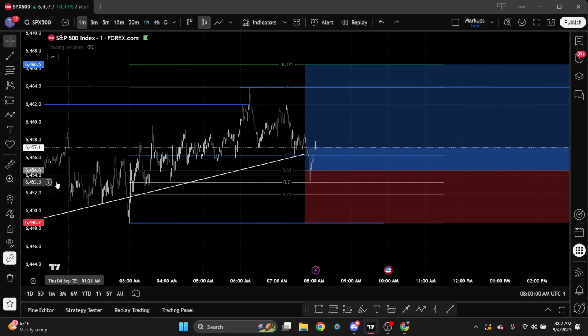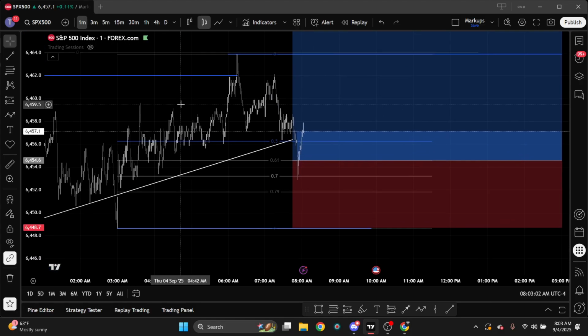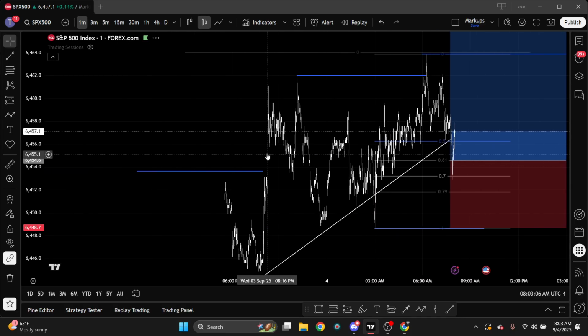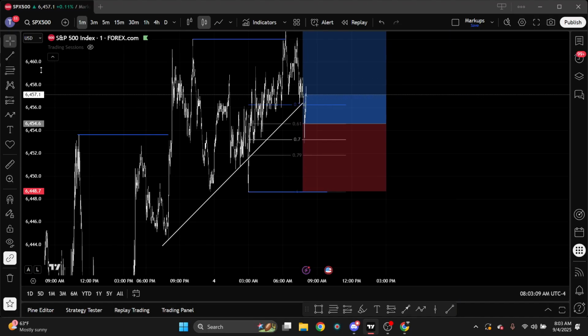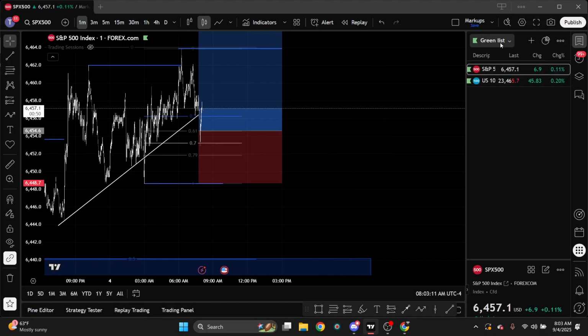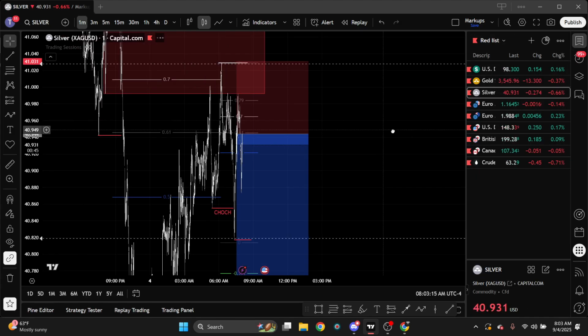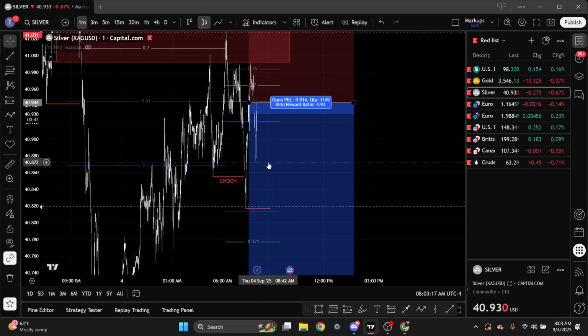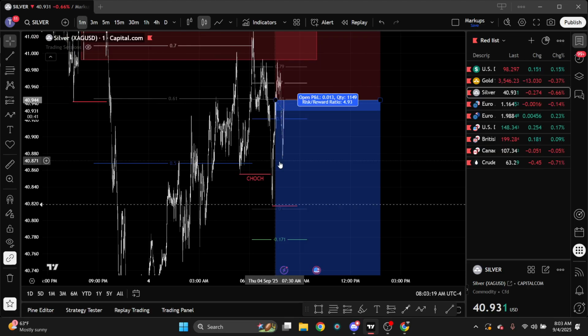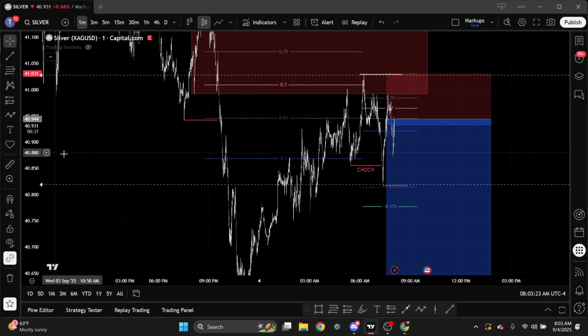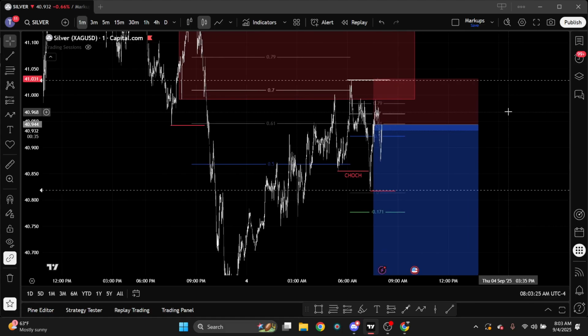If we can get a pullback here, my boy said he will enter this trade. Me personally, I think I might step out of that just because I am in silver right now. Silver ended up making a drop, came back to entry, and right now I'm just waiting for the continuation to the downside, the confirmed change of character.